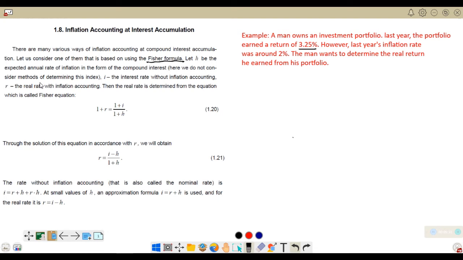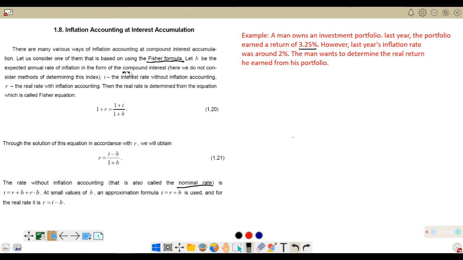Here we do not consider methods of determining this index. And I is the interest rate without inflation accounting. Or itong I, tinatawag din natin siya na the nominal rate. So nominal rate, it is I.